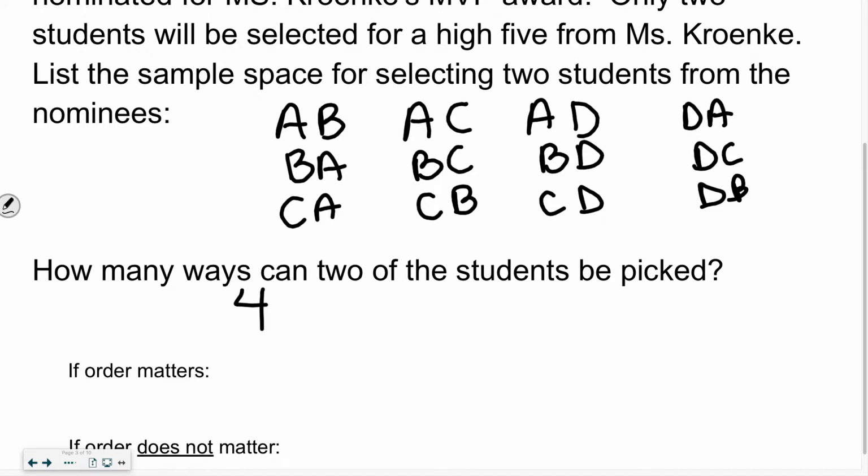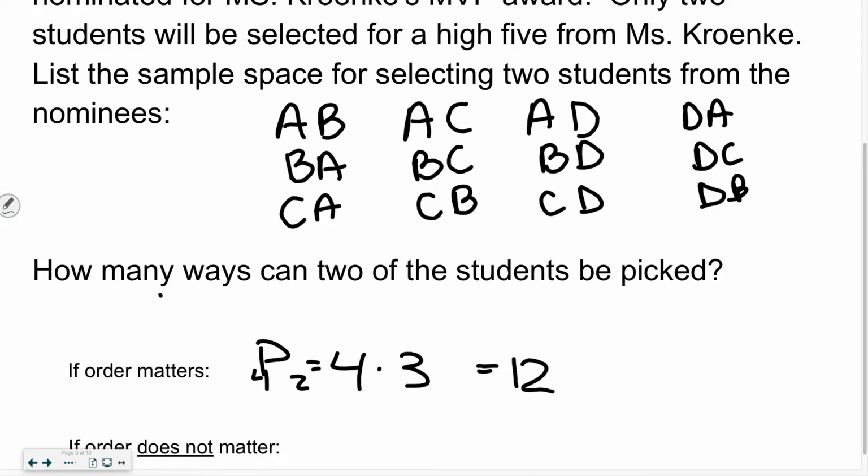Once I choose Ashlyn, I only have 3 students left to choose from. So that'd be 4 times 3. That's also, from yesterday, a permutation of 4 students chosen 2 at a time. Isn't that what 4 times 3 would be? Right. Okay. And so we get 12, and we listed them all out.